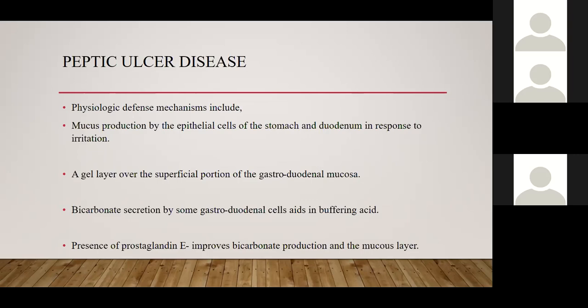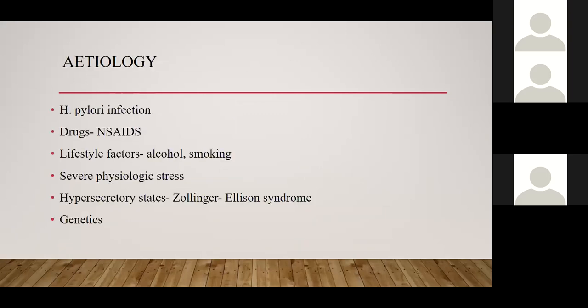So this is the physiological defense system. So try and go through. Once you have an imbalance between acid production and the function of the physiological defense system, then you are in trouble, basically. It leads to you having a breach in the mucosa extending to the muscularis mucosa, and you have peptic ulcer disease.